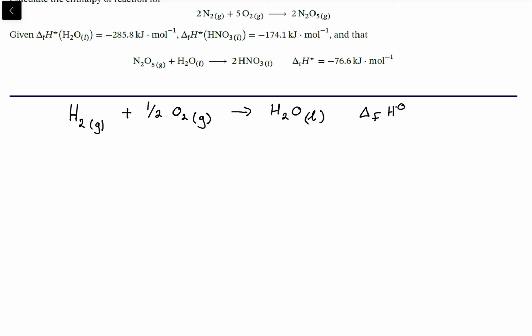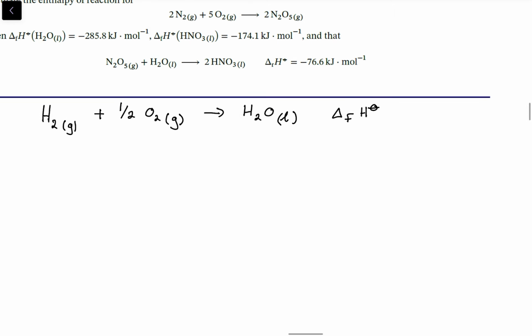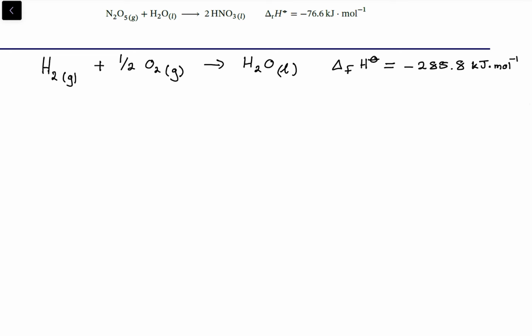Remember, formation enthalpy just means it's the enthalpy for forming 1 mole of this compound in this state. So that's all the formation enthalpy refers to. Minus 285.8 kilojoule per mole, or per mole reaction.